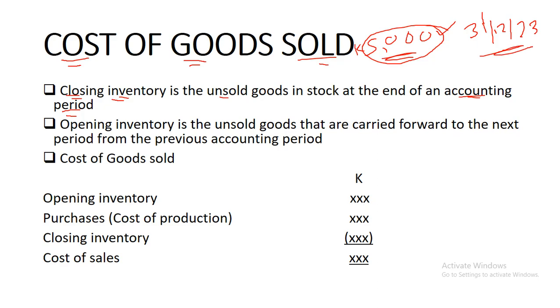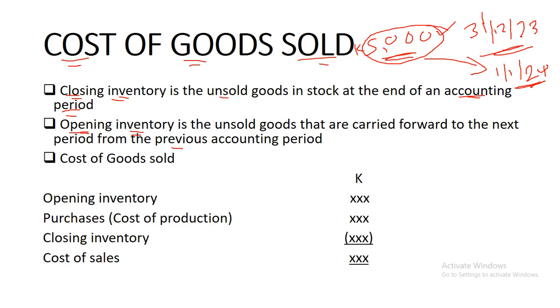That 5,000 worth of goods is what's called closing inventory. If this same 5,000 is pushed over to the next period, which is the 1st of January 2024, that closing inventory becomes opening inventory. So basically, opening inventory is the unsold goods that are carried forward to the next period from the previous accounting period.